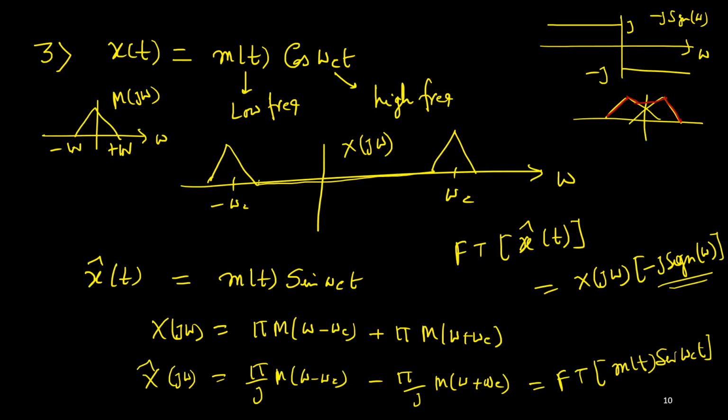Okay, and so this shape is totally different, and in that case the right side is multiplied by 1 upon j only, and the left side will be 1 upon j times minus 1. Then you won't get the same thing. Okay, fine.